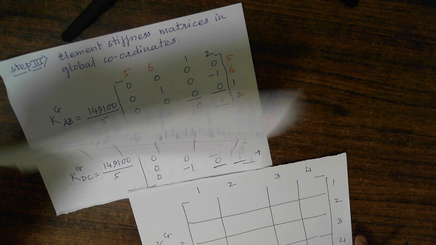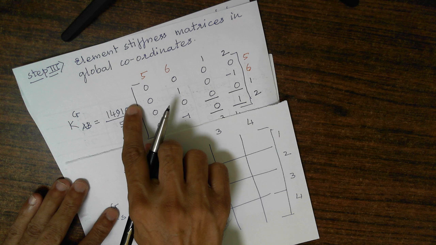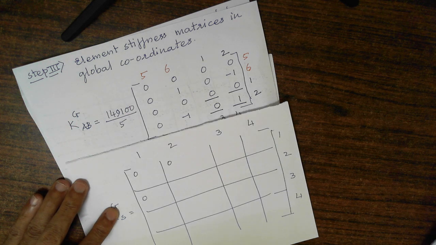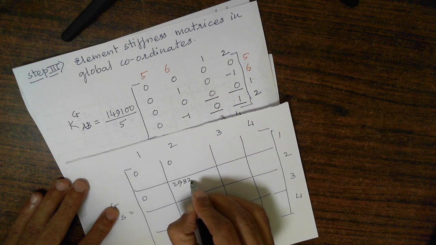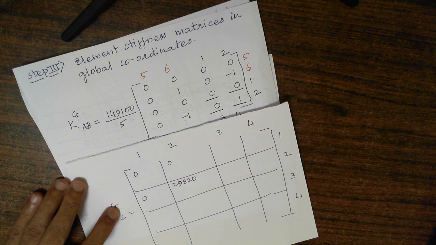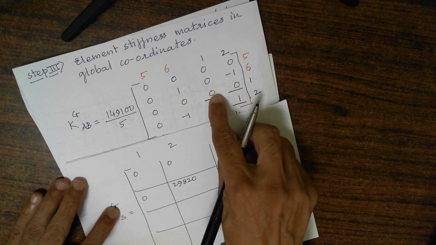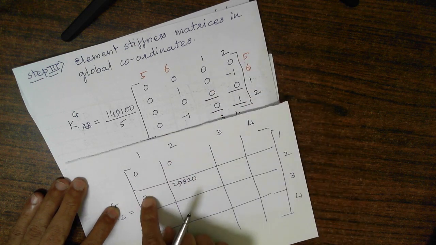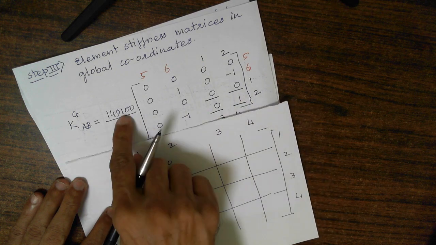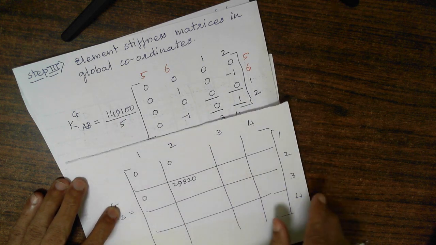First row, second column 0. Second row, first column 0. Second row, second column is 1 into 149100 divided by 5. I have already calculated it. It comes out to be 29820. So these 4 I have mapped from AB. Instead of 1 into this AE upon L, that comes out to be 29820.